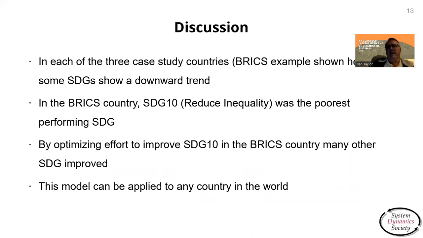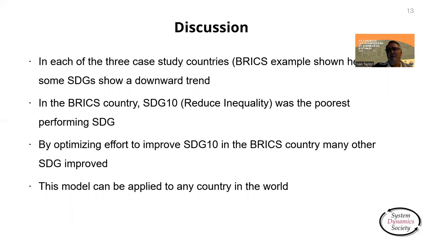So, as I said, we did 3 case studies and the BRICS example is shown here. And some SDGs show a downward trend and some SDGs show an upward trend. And we looked at the BRICS country, Brazil, and we tried to improve the poorest performing SDG, which in this case was SDG 10, reduce inequality.